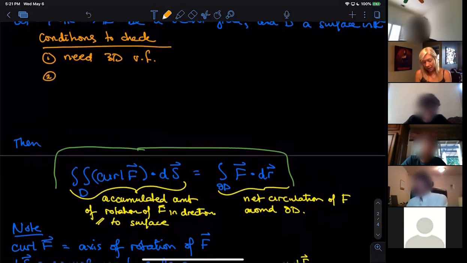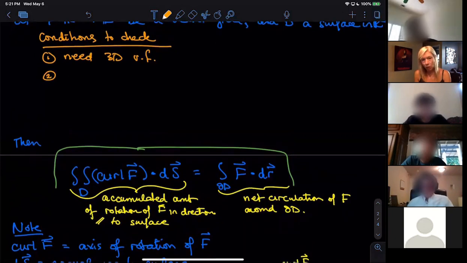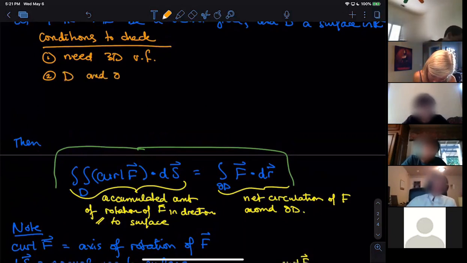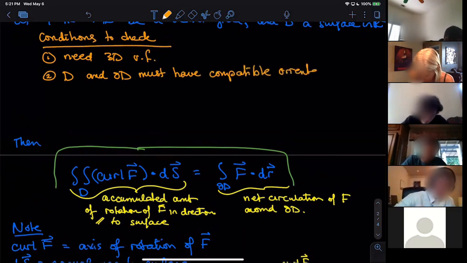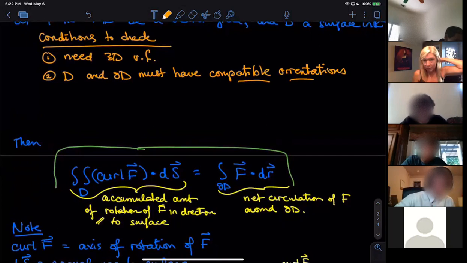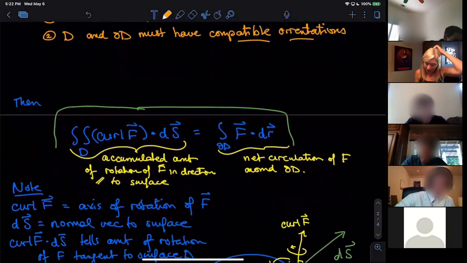But another thing that you need is compatible orientations. So D and the boundary of D must have compatible orientations. I haven't told you at all what this means. That's okay. We're going to spend some time talking about compatible orientations in a minute, but how is that hidden here?